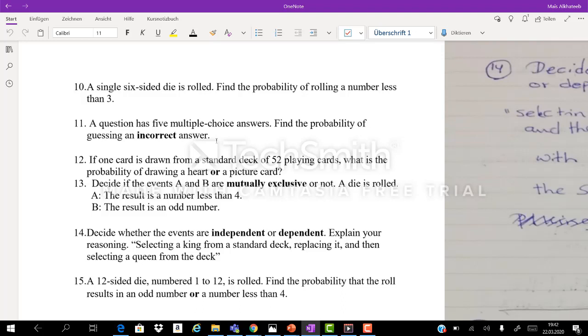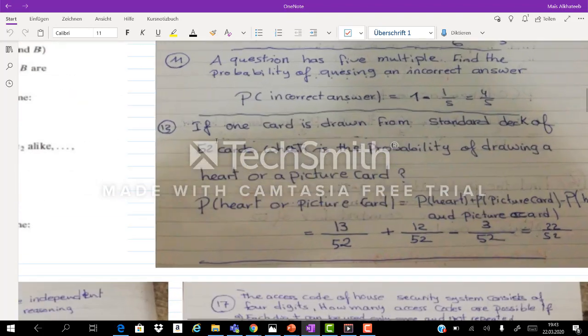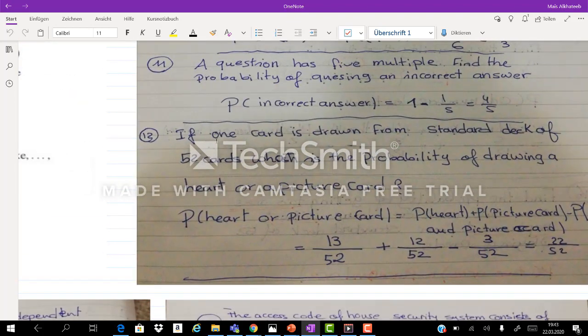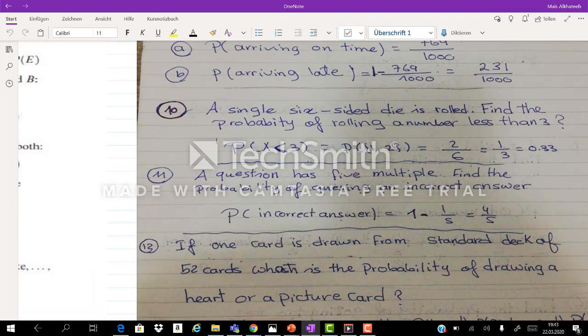Find the probability of rolling a number less than 3. So the die is the dice. What is the probability of getting a number less than 3? Which numbers are less than 3? They are 1 and 2. So this is the probability of 1 and 2. So it is two numbers out of 6, because the sample space of the die is 1 to 6. So it is 2 out of 6, which equals 0.33.